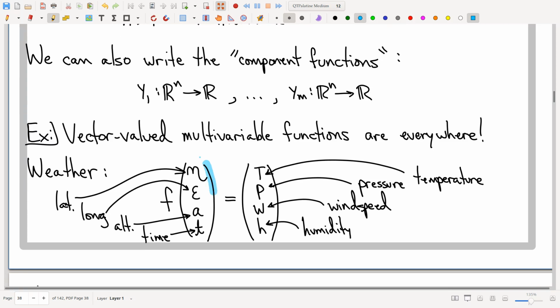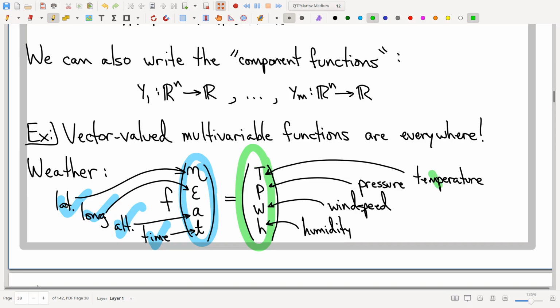If you want to talk about the weather, you have to tell me where, how high above the ground, and whether you're talking about now or yesterday or two weeks from now. The weather is defined with several inputs that we have to establish before we can even talk about it. And then what do you get? How does one describe the weather at a location, altitude, and time?